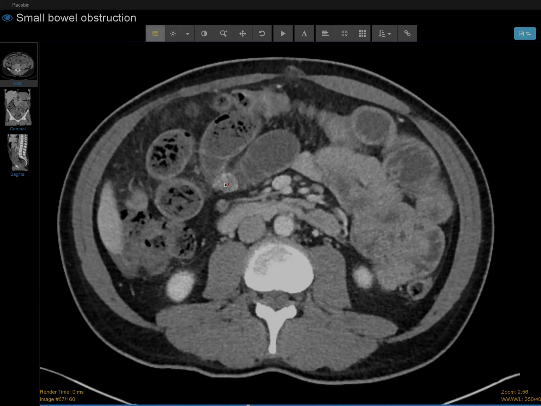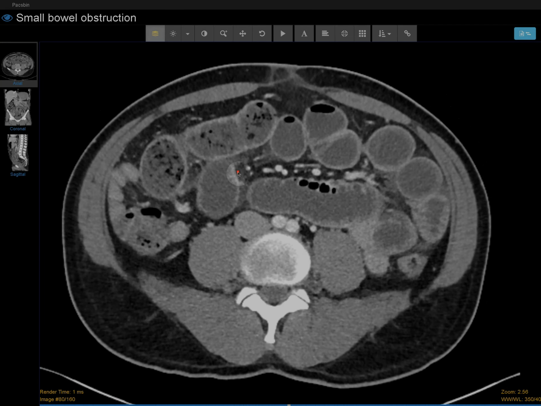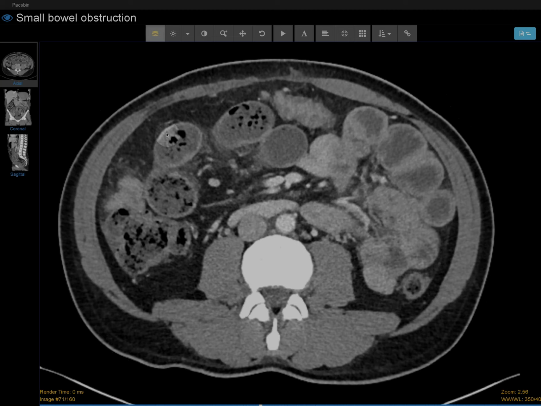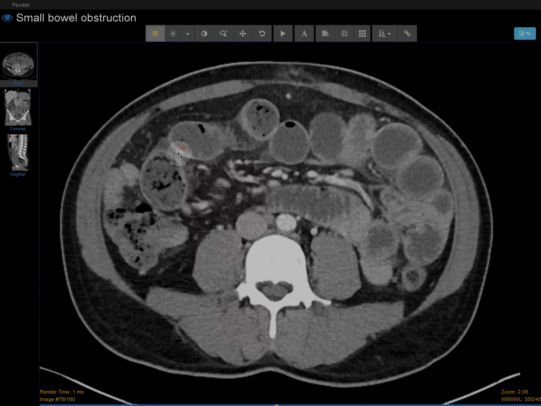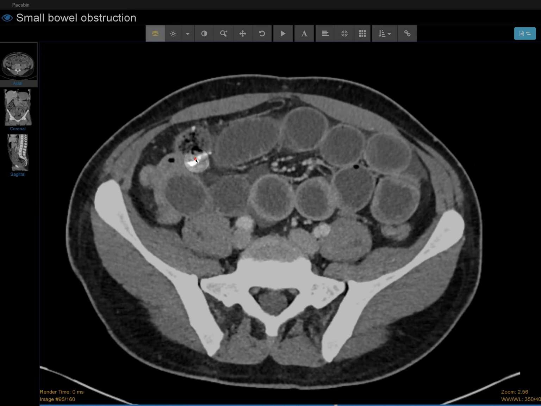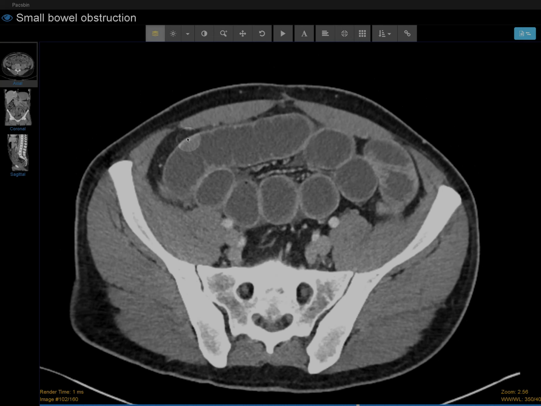So to look for bowel ischemia, what I want to look for is abnormal bowel wall thickening or lack of contrast enhancement, and let's just look for that. So the bowel walls are enhancing pretty regularly.